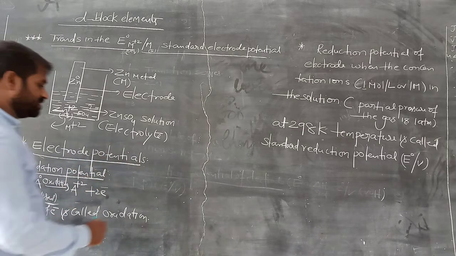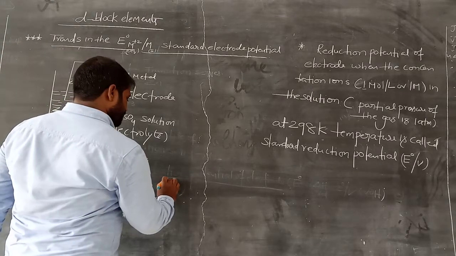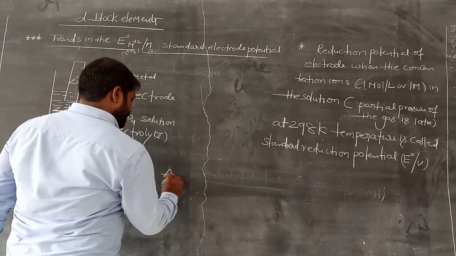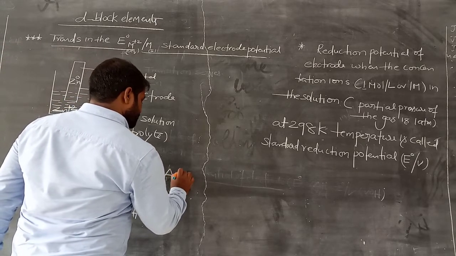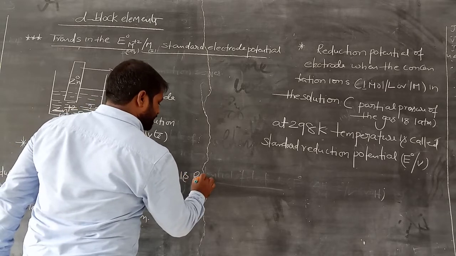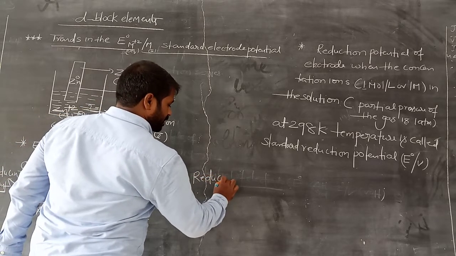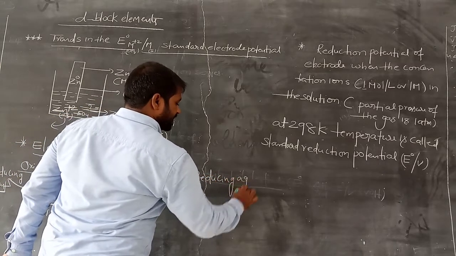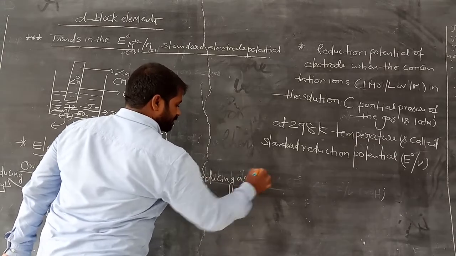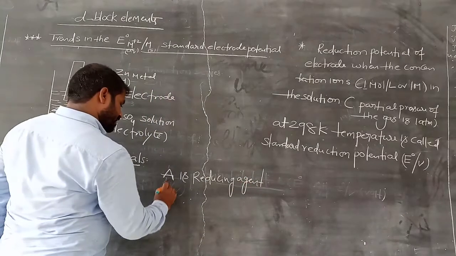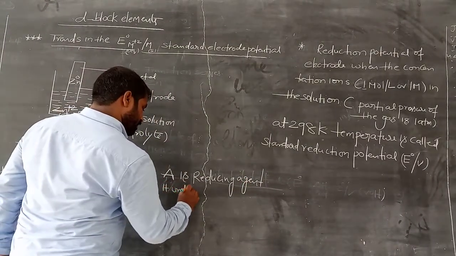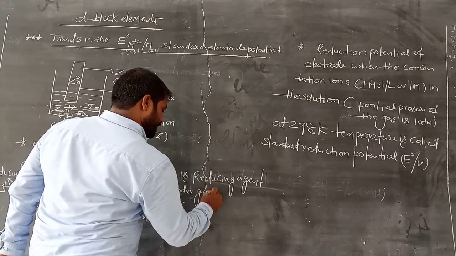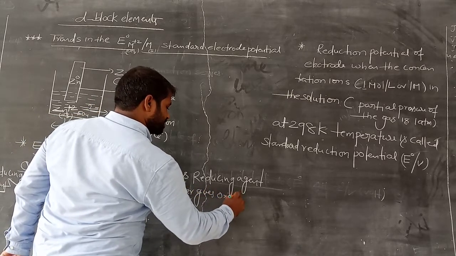Note down the point. Here A is the reducing agent. It undergoes oxidation.